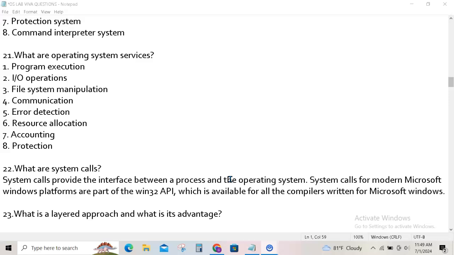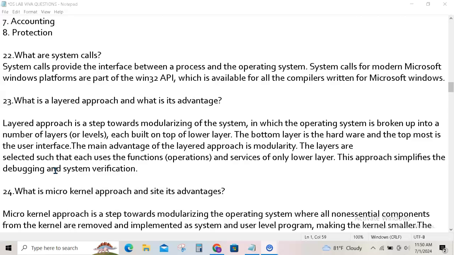It provides a program execution environment, helps to perform input-output operations, file system manipulation, communication, error detection, resource allocation, accounting, and protection.